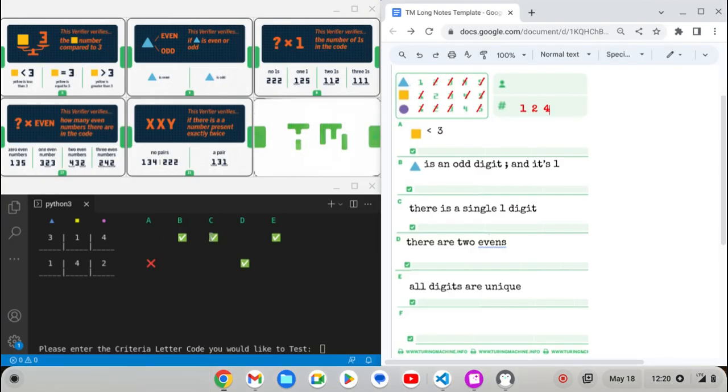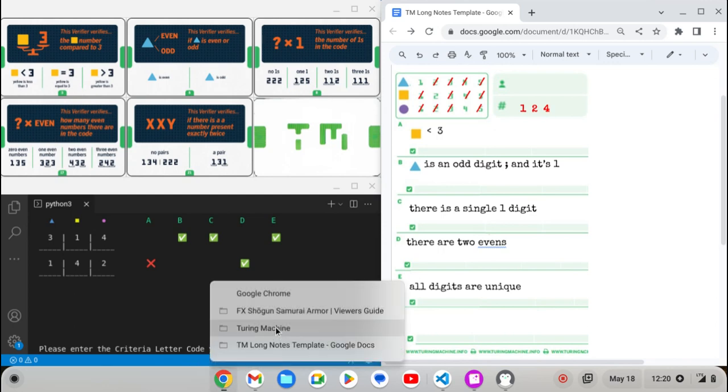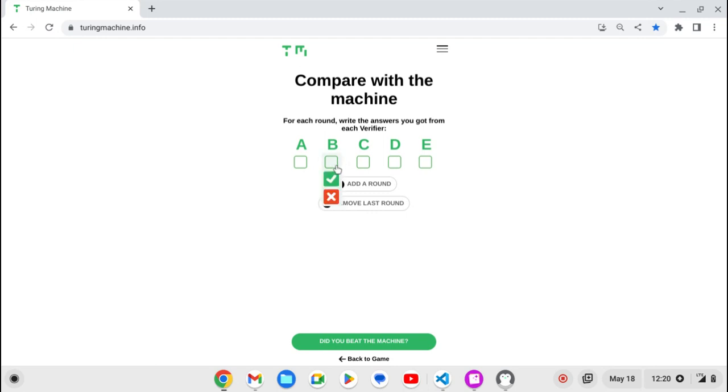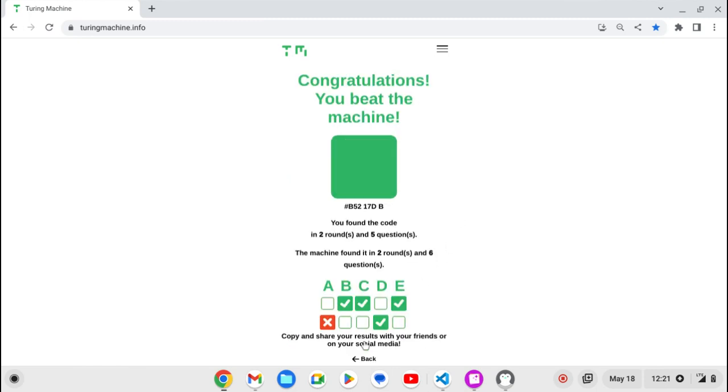So there were all checks except for A. So it was BCE in the first turn, and the second turn A was incorrect, and we did test D, and so we tested all of them, but let's see how we did versus the machine.